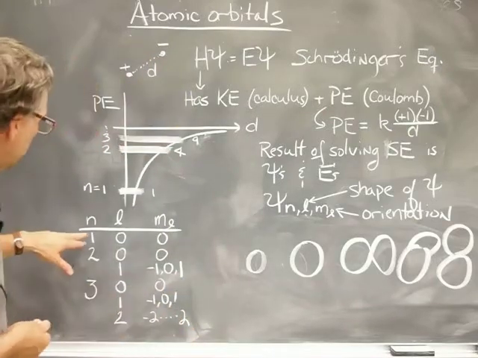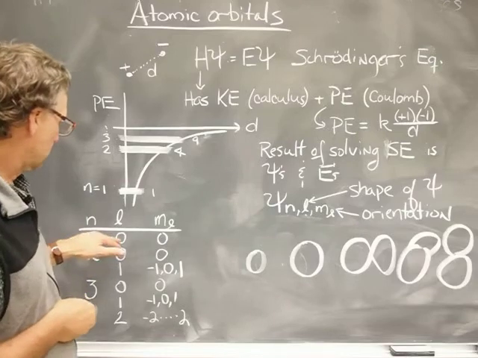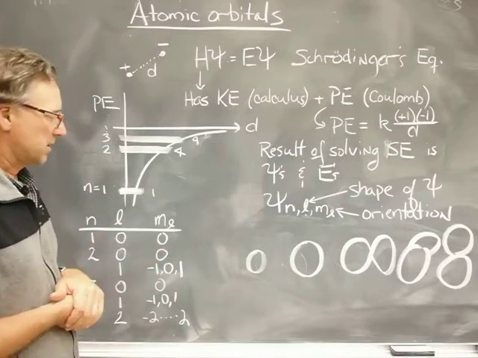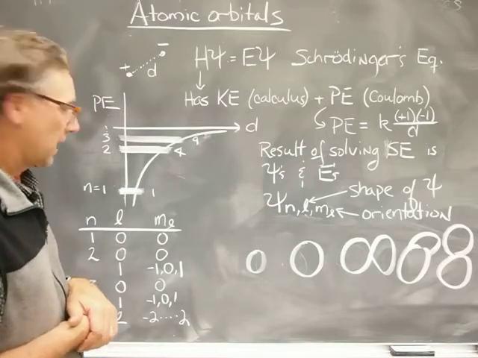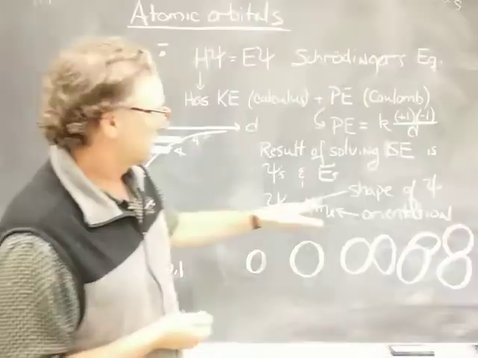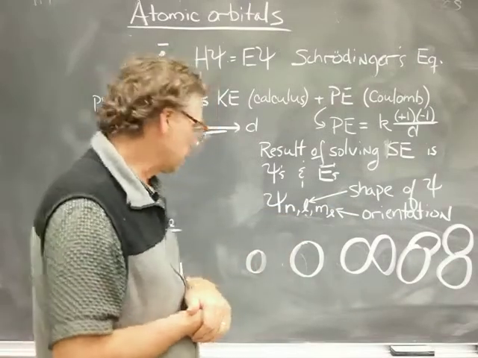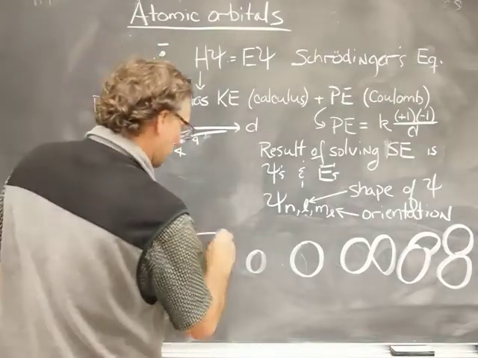So let me give you an example. When n is 1, L can't get bigger than one smaller than that, so L can only be 0, and M sub L can only be 0 as well. Now, what do L and M sub L mean? L determines the shape of the orbital, and M sub L determines the orientation. I've drawn here a depiction of this orbital right here.